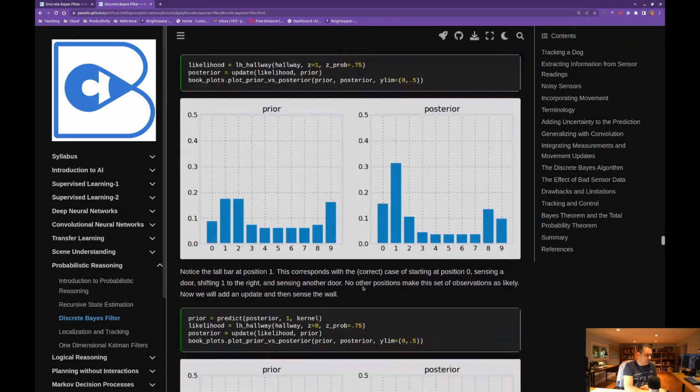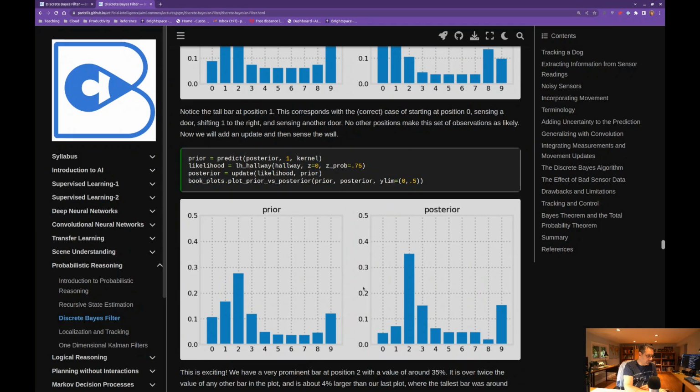So we have here the belief hat. Given that kind of posterior, we have yet another movement. This is indicated here by the predict step, that movement to the right. So the predict step effectively, as we discussed, changed the prior. This is the belief hat.